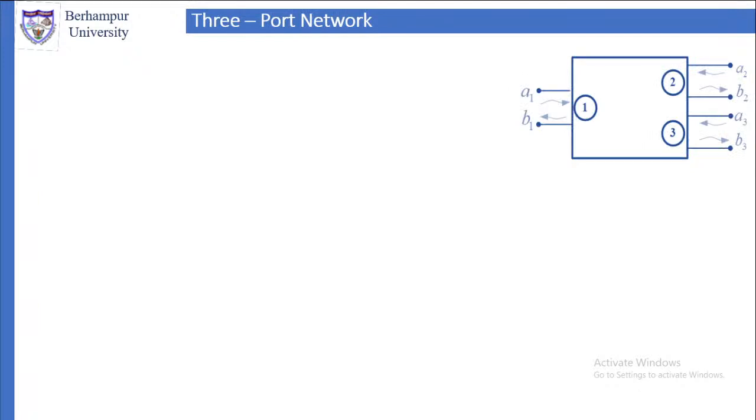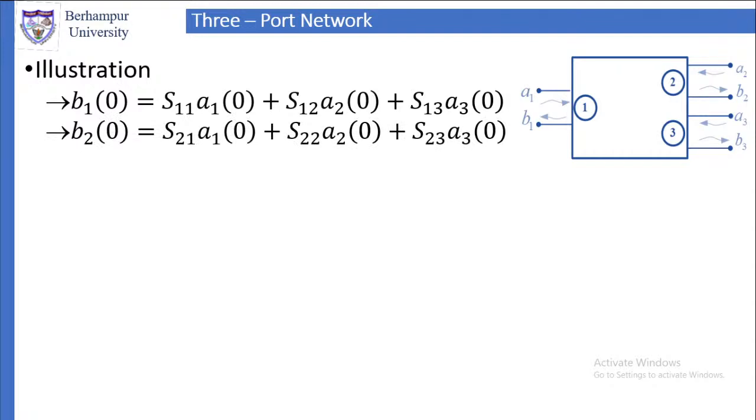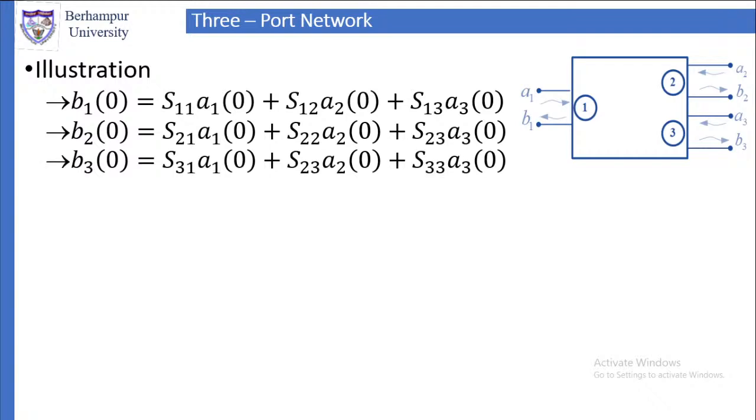Now come to the 3-port network. So A1, A2 and A3, B1, B2 and B3. The three ports are there. This represents the 3-port network. For this, again, due to linearity, we will have B1 is equal to S11A1 plus S12A2 plus S13A3. B2 will be S21A1, S22A2 and S23A3.